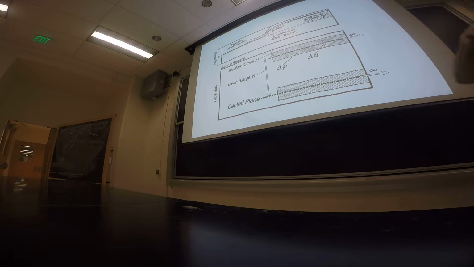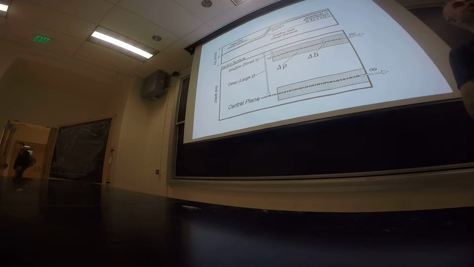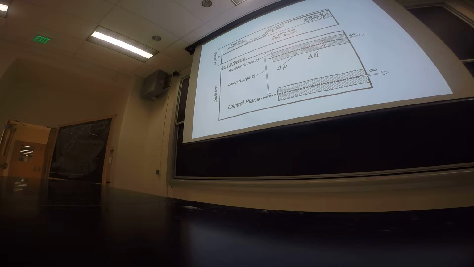So if we have lots of jumps in our gravity survey, where's the profile? Where are the anomalies? Oh, it isn't the same. If you see, it's the same form, but it's much smoother, right?